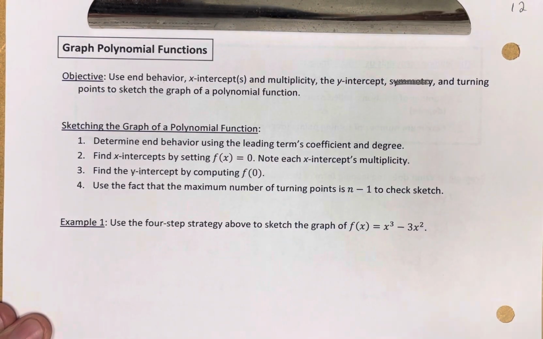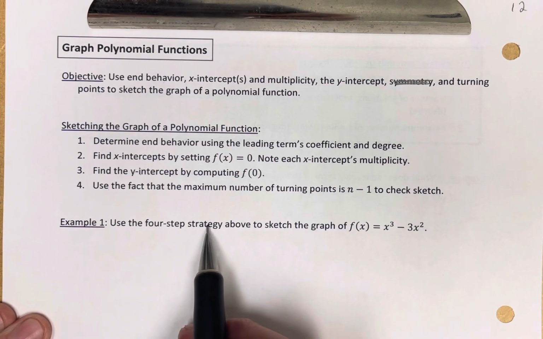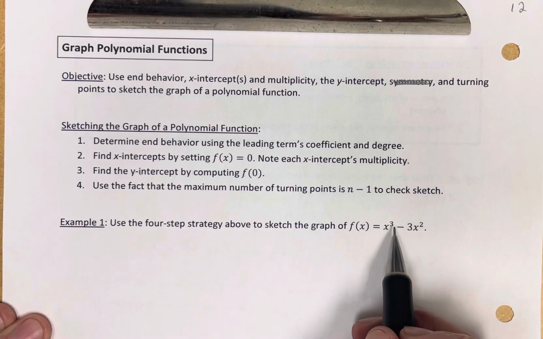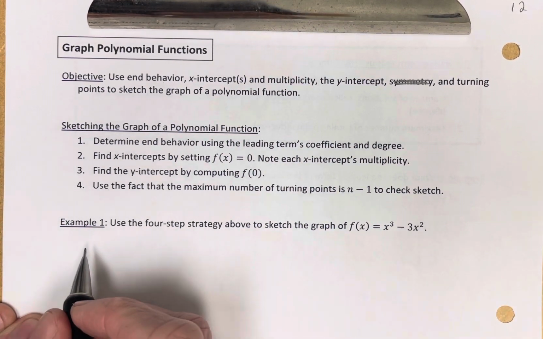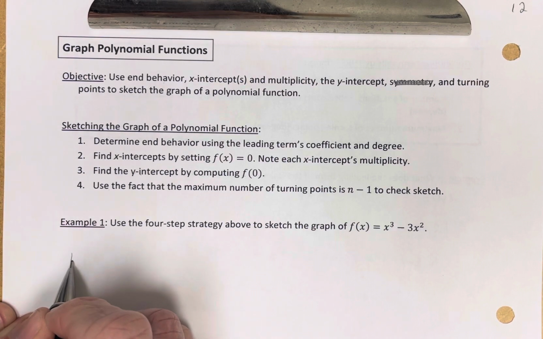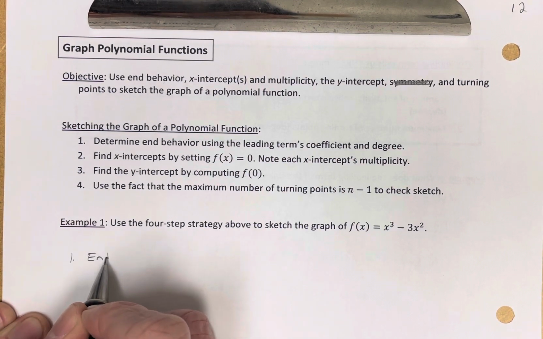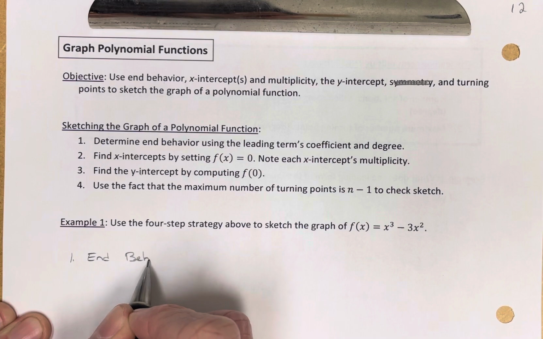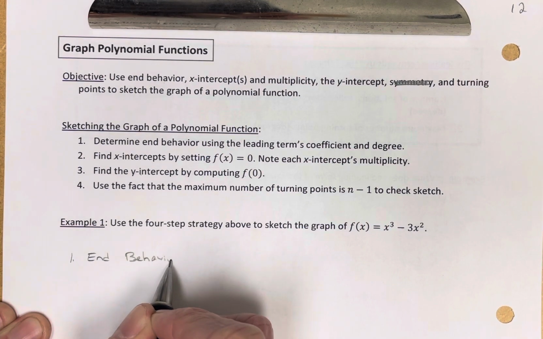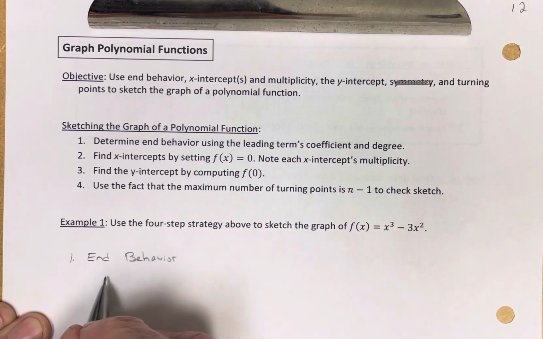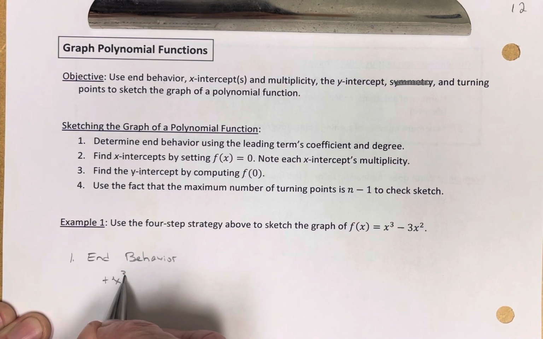So we'll do one example. This isn't overly complicated. We'll use our 4-step strategy above. We want to sketch this third degree polynomial, f of x equals x cubed minus 3x squared. So number 1, end behavior. Our leading term is plus x cubed.